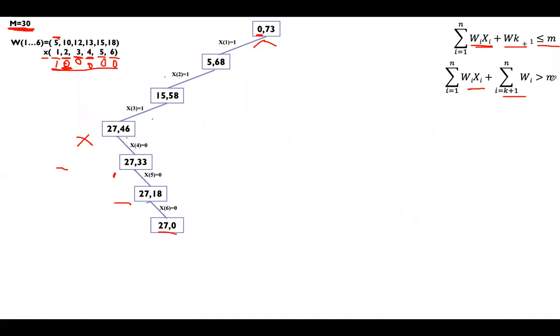So these two things should be greater than m, but it is not. It is just 27. So this is not the solution. We have reached a place where we have not found the solution. So that means this path, whatever you have taken, is not correct. So we'll go one step backwards.